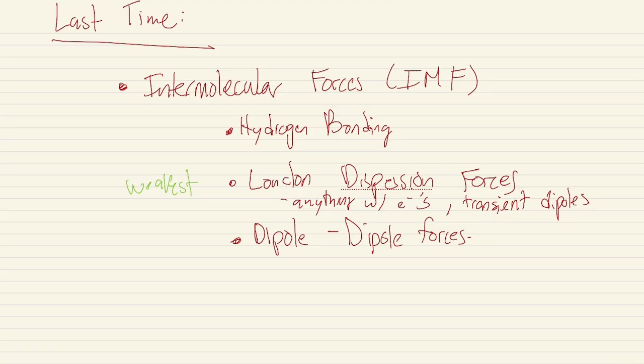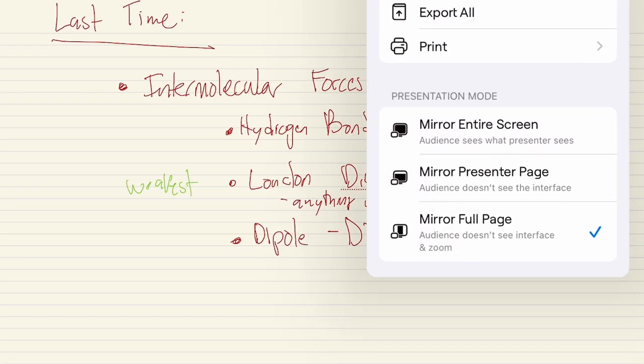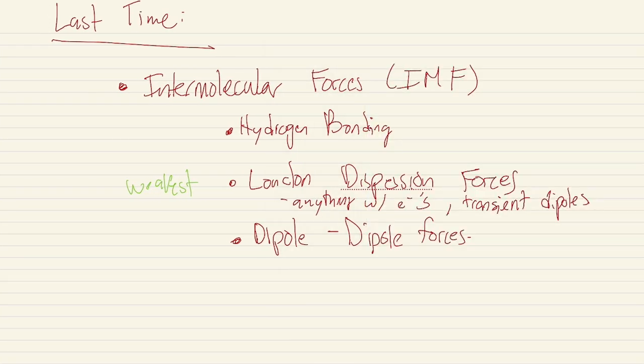And then also for London dispersion forces, how do we scale those forces? Right? What makes it stronger or weaker? What makes London dispersion forces stronger or weaker than other London dispersion forces? It is because they're temporary.